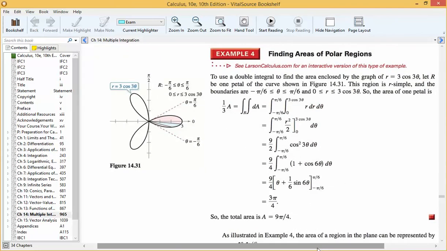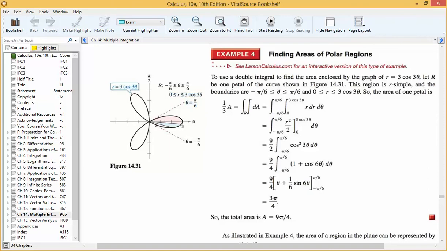I can remember when we went over this in Cal 3, some of you had some problems finding these radial lines, finding the equation of these radial lines. So you've got to be careful. If you set this up r dr d theta, your r, your radius, is going to depend on your function.